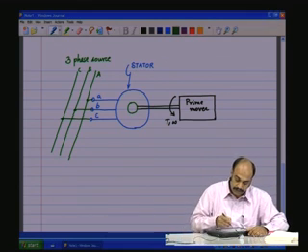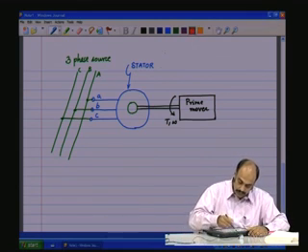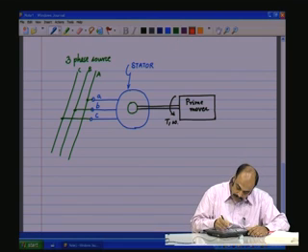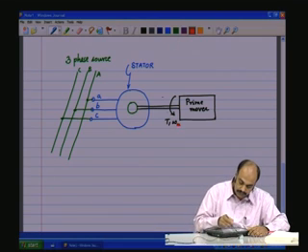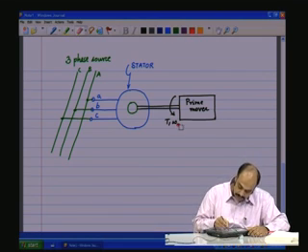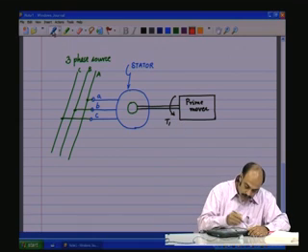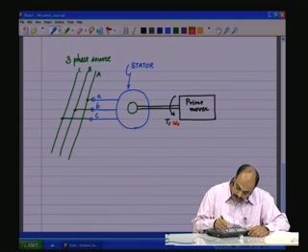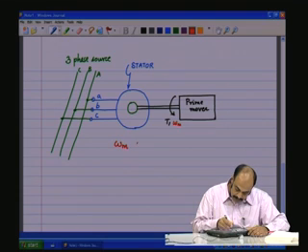So let us say under the condition when this is omega m. Okay, note that. Let us focus on omega m. Let us say omega m is less than omega s. Nm is less than ns.